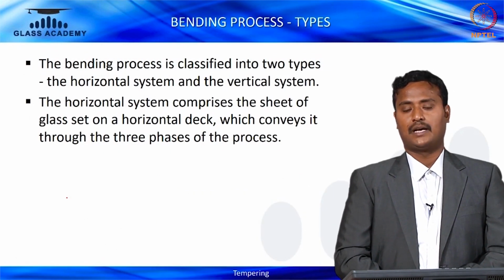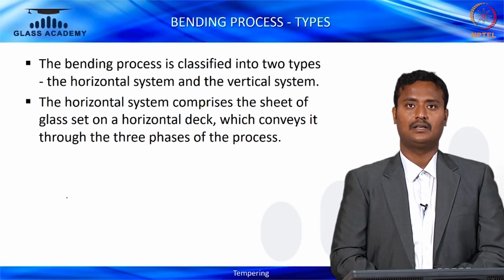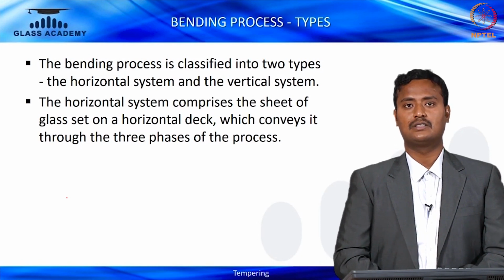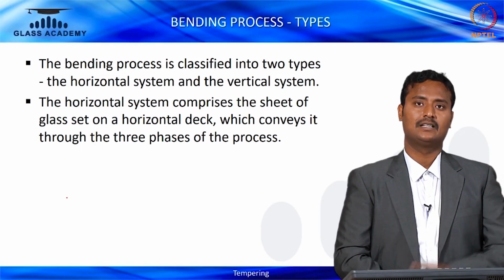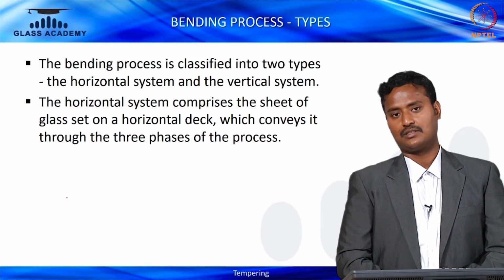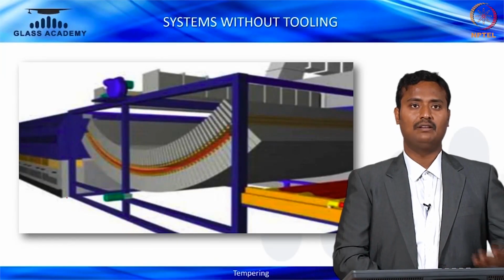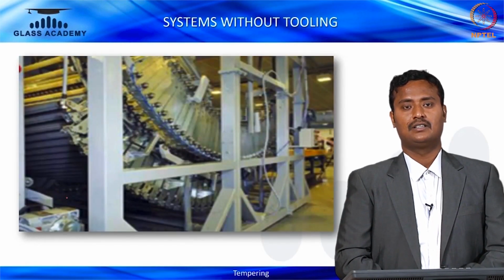Bending process types. The bending process is classified into two types: horizontal system and vertical system. The horizontal system comprises sheets of glass set on a horizontal deck, which conveys it through three phases of the process: loading, heating and quenching cooling. Those are the three phases. These are the fixtures.